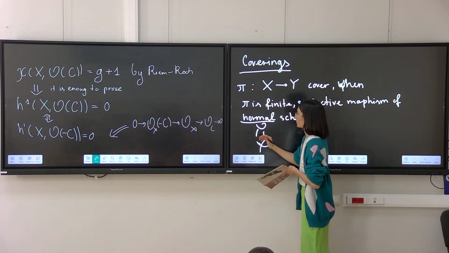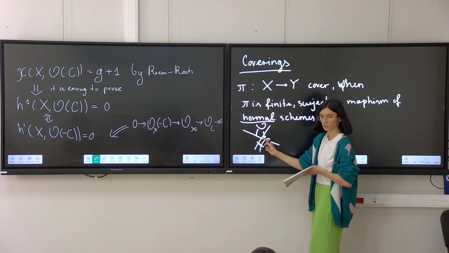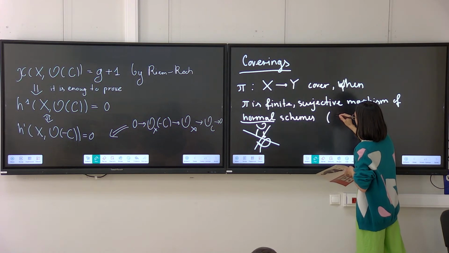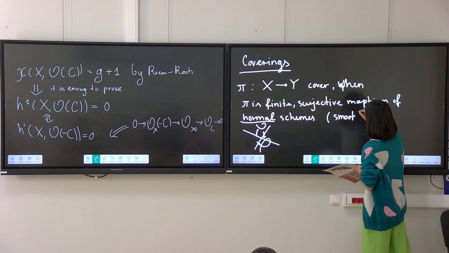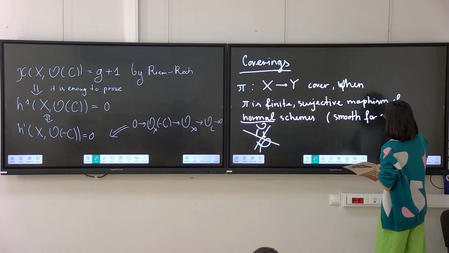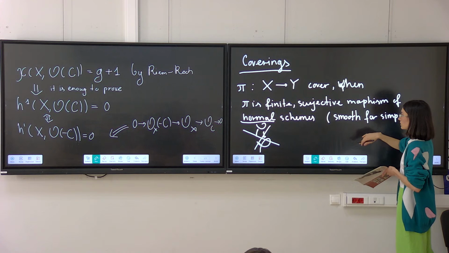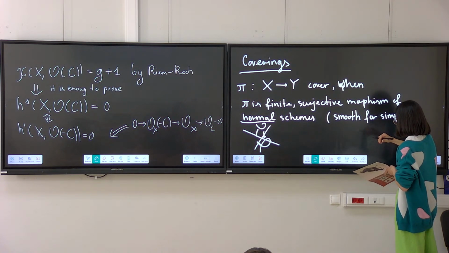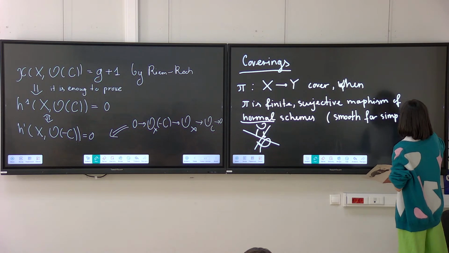And maybe for simplicity, we will discuss smooth or regular schemes, because for non-smooth schemes, when we prove all these formulas, we just ignore the non-smooth locus.